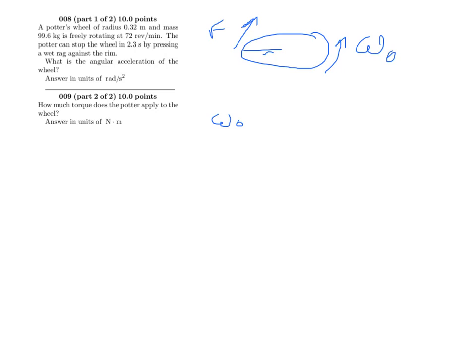It tells me that he can stop it in 2.3 seconds, so my final omega is going to be 0. And my time is 2.3 seconds, and I'm looking for alpha. So here, my alpha is going to be my change in velocity, omega minus omega 0, divided by time. So that's pretty straightforward for my alpha.